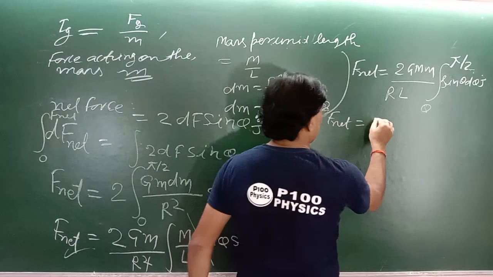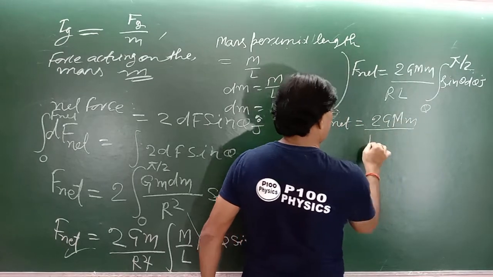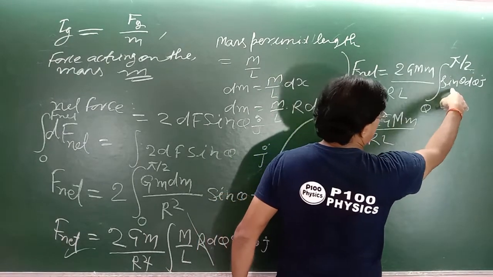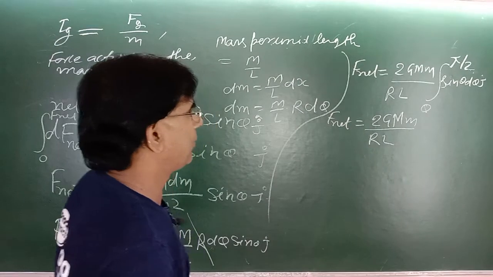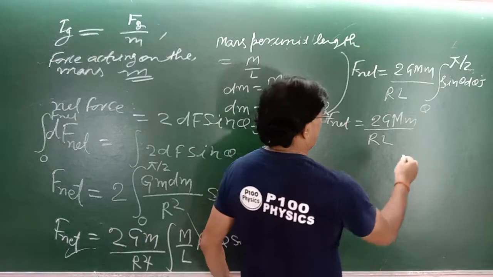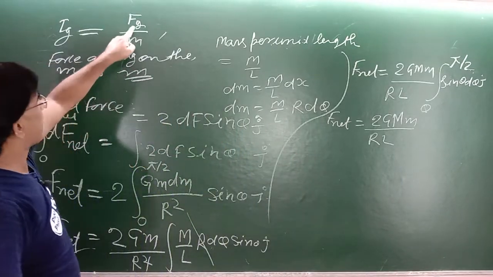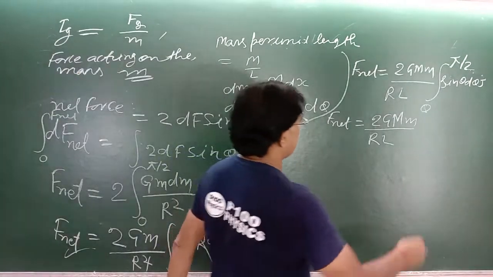F net equal to 2GM by RL, integration of sin theta d theta. The integration of sin theta is minus cos theta. The sign of Fg is minus, so minus and minus will be the plus.